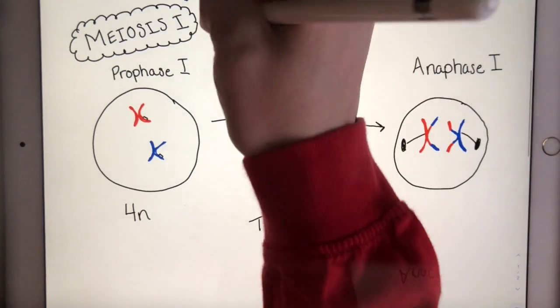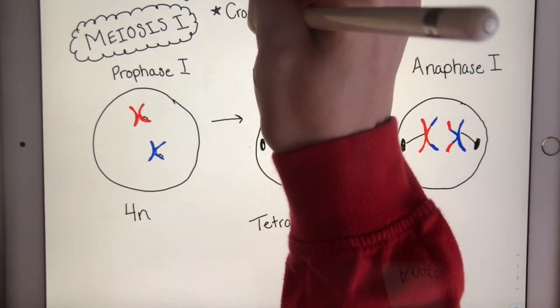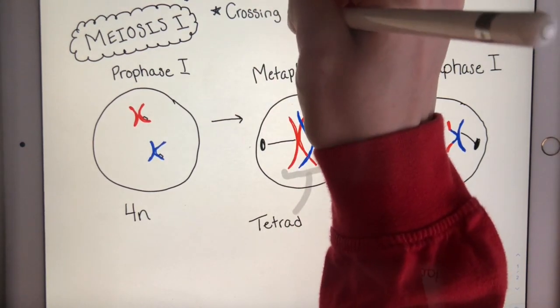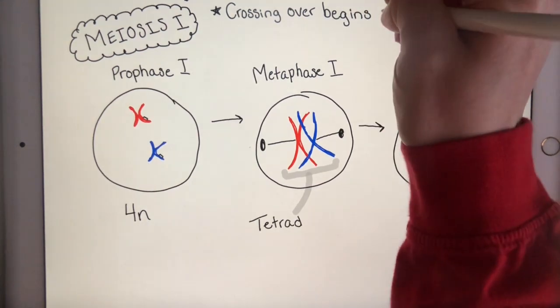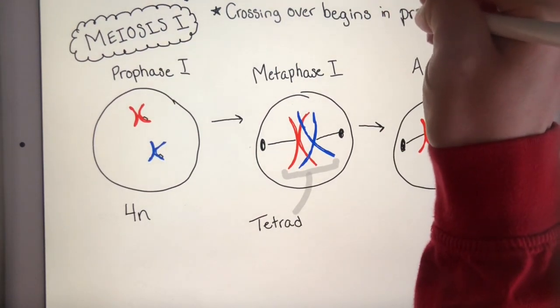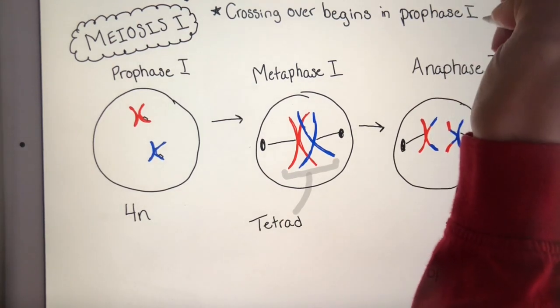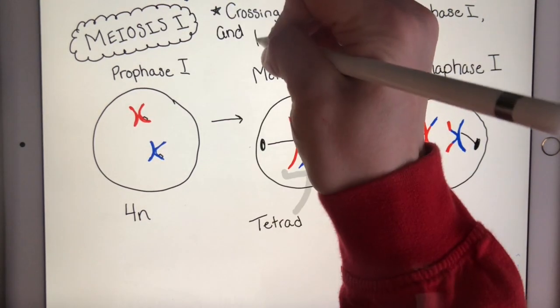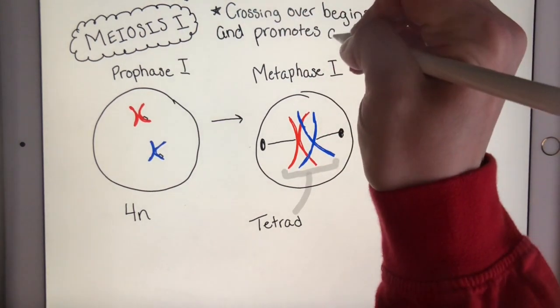I'm going to write in as a note here that crossing over begins in prophase 1 and promotes genetic variation.